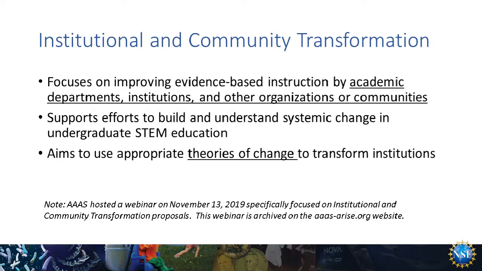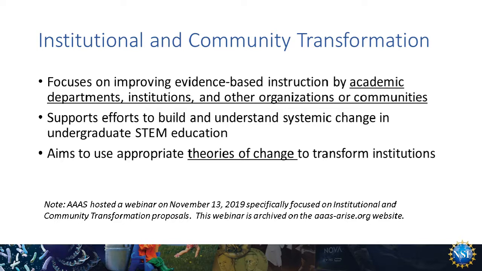It supports efforts to build and understand systemic change in undergraduate STEM education. These projects may study change in and of itself as a part of the larger project, and aim to use appropriate theories of change to transform institutions.